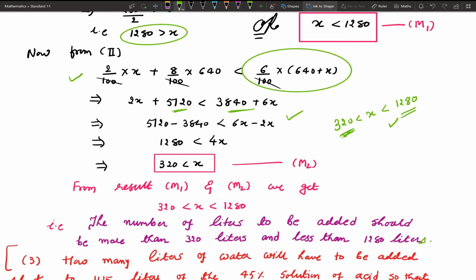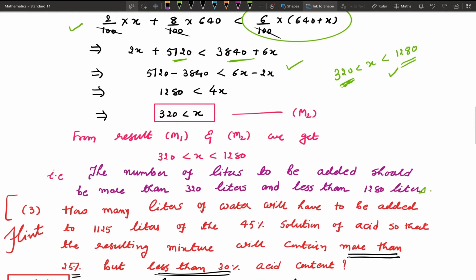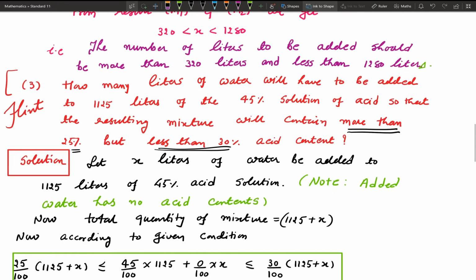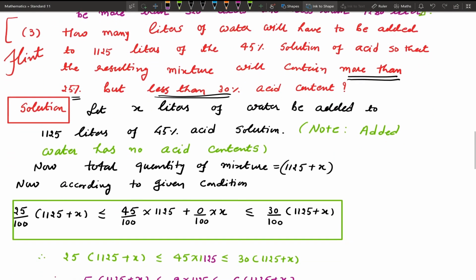So by the same method, a hint is already given for this one. The question is how many liters of water will have to be added to 1125 liters of the 45% solution of acid, so that the resulting mixture will contain more than 25% but less than 30% acid content.